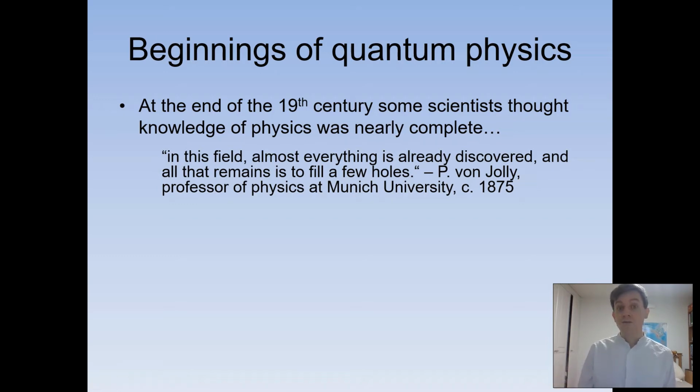Okay, and also Max Planck, who is one of the founders of quantum mechanics, when he was a student, he was also advised not to go into studying physics because there wasn't much to do in physics anymore, according to the advice he got. So luckily he ignored that advice and went on to become a very famous physicist who revolutionized physics with his work on quantum mechanics.